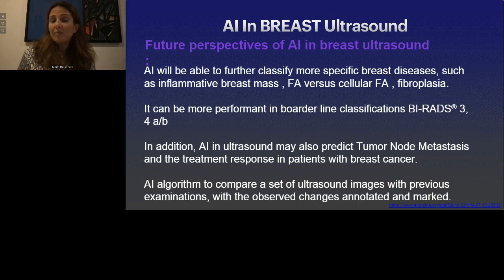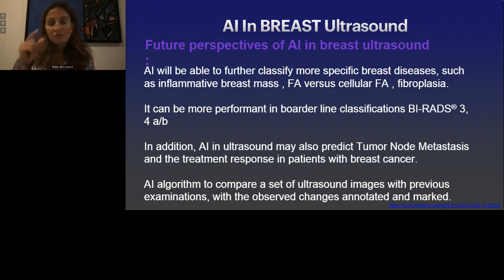It may be more performant with borderline classifications like BI-RADS 3 or 4A, to have less false positive predictive value. In addition, I can imagine that with another, more complicated set of training cases, it can even predict tumor node metastasis, maybe treatment response.